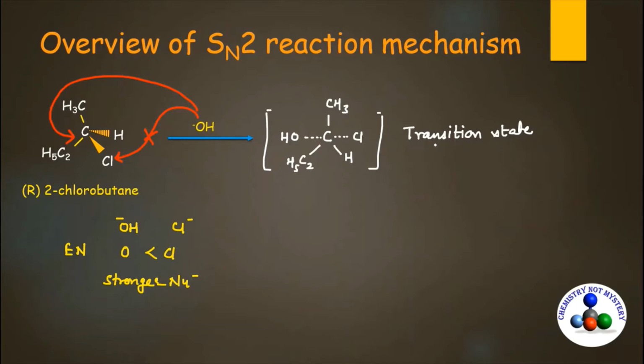Here I am using the word transition state, not the intermediate as I was using in SN1 reaction. Transition state is different from the intermediate. Transition state is the state where all bonds are not fully formed. So here you must have observed that I have drawn a dotted line between carbon and Cl because this bond is breaking.